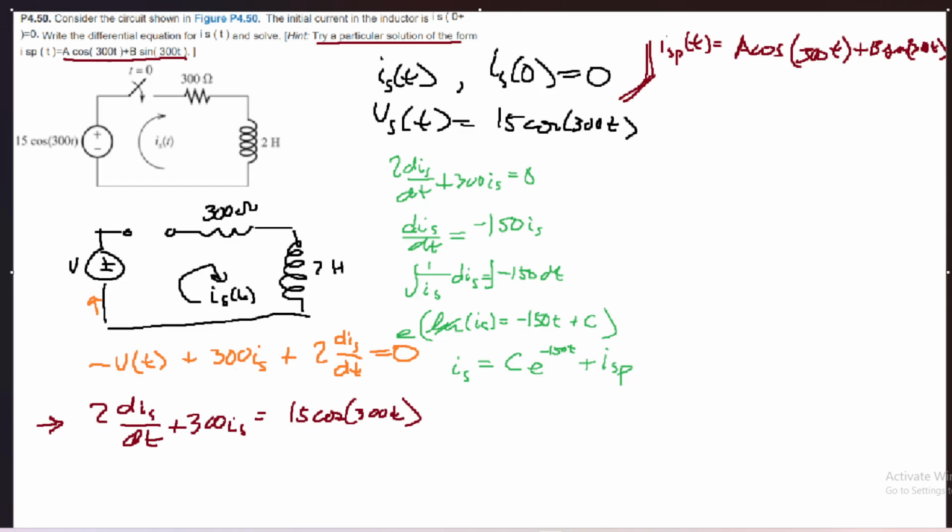I will try. Basically, our goal to solve for the particular solution is to solve for a and b by plugging in.